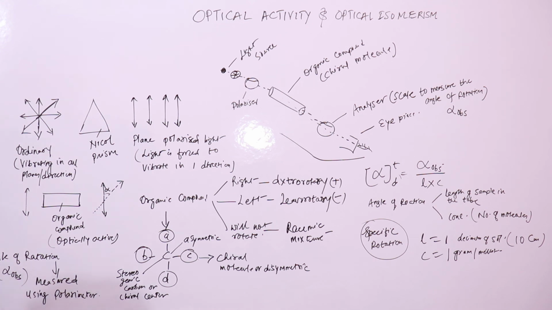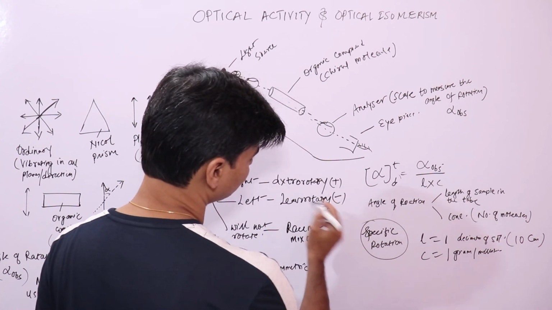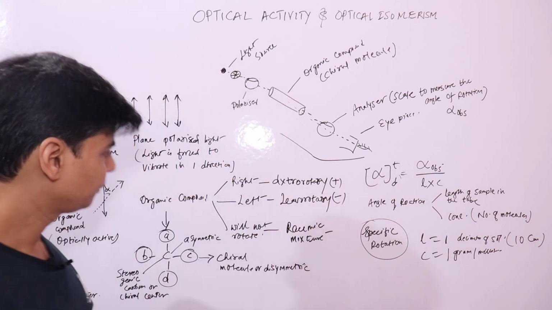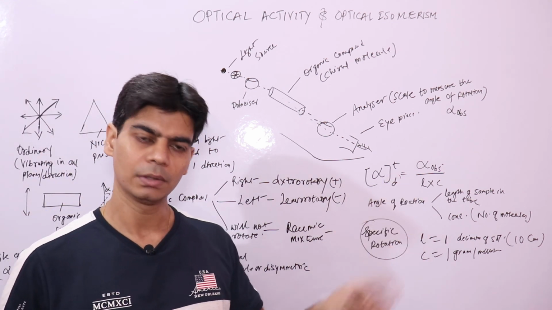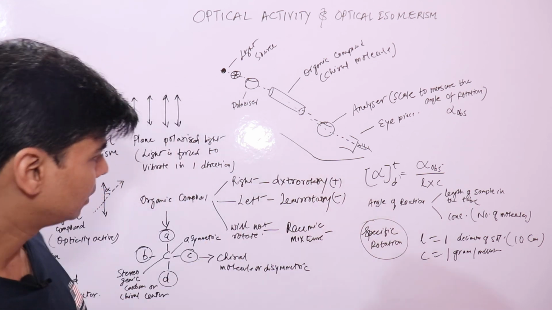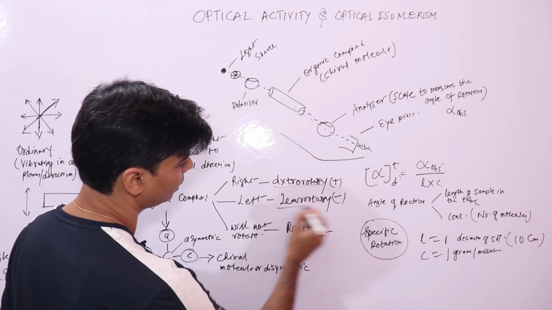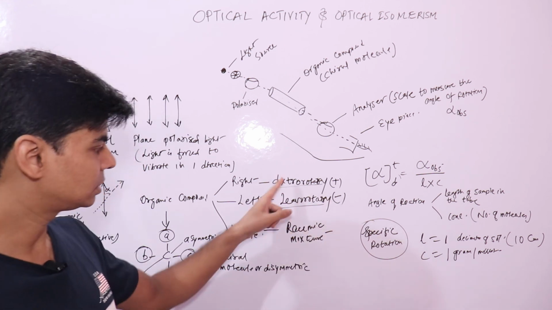Now, the direction of rotation of light we have discussed here. The solution will rotate the plane of polarized light either in the right direction, the clockwise direction, or in the anti-clockwise direction. Based on that you have dextrorotatory and levorotatory compounds. One which will not rotate is a racemic mixture, which consists of both.